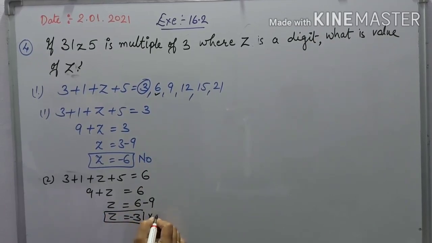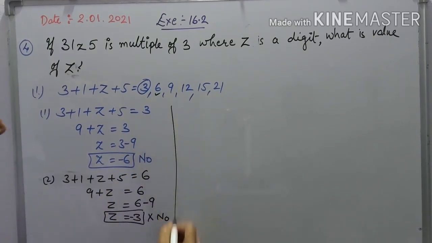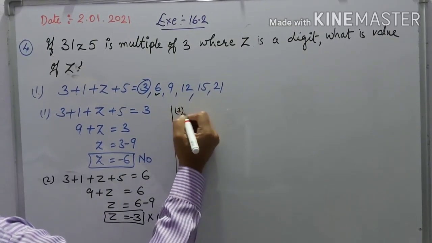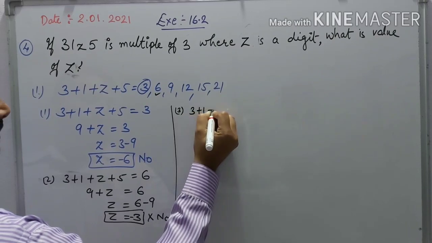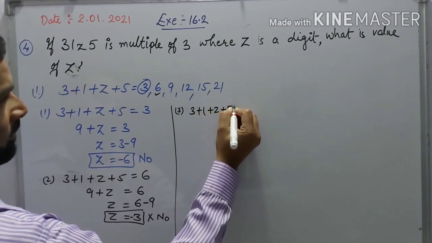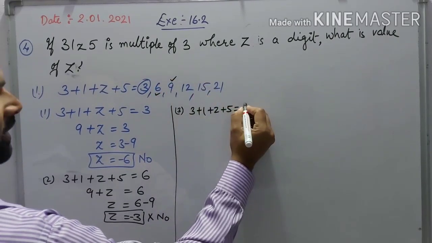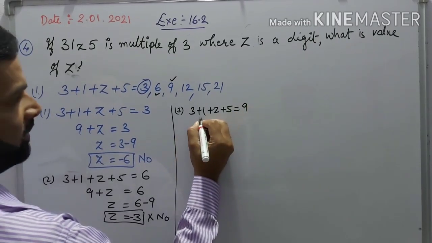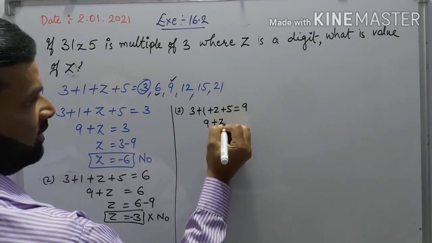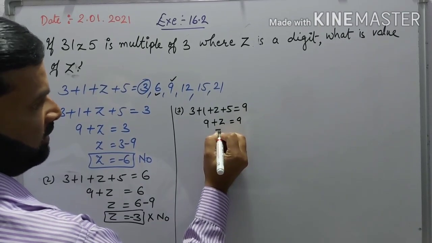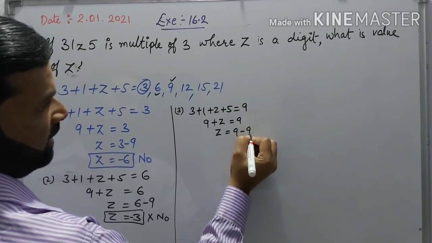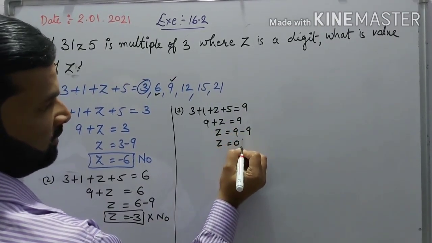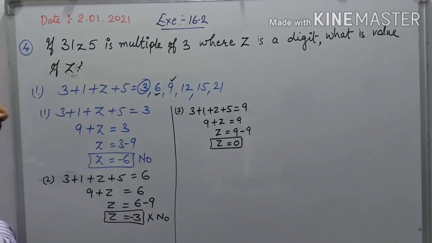Again minus 3 is cancelled, because it is negative and z must be positive. Next, the third step is 3 plus 1 plus z plus 5 is equal to the next number, 9. So 9 plus z is equal to 9, and z is equal to 9 minus 9, so z is equal to 0. This is the first valid value, 0.